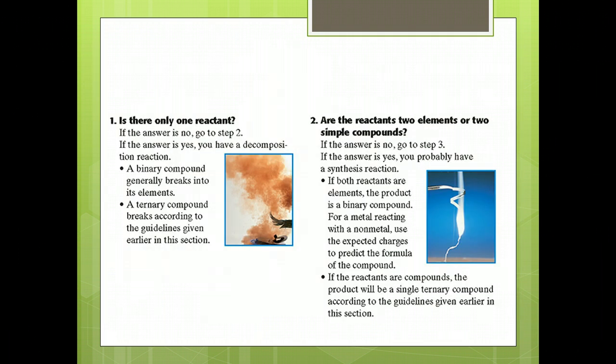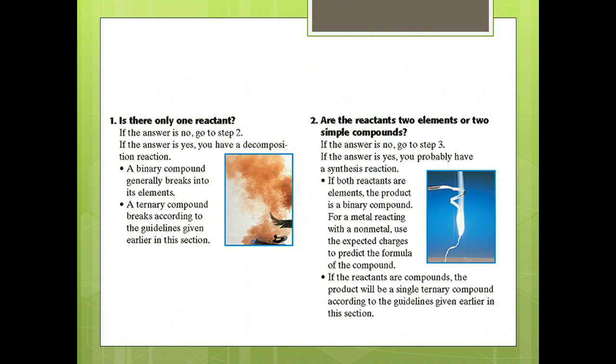So, first question you should ask yourself, is there only one reactant? If the answer is no, go on to question 2. If the answer is yes, however, you have a decomposition reaction. This means that you're going from something larger to two smaller substances.